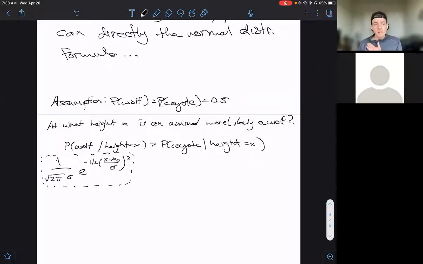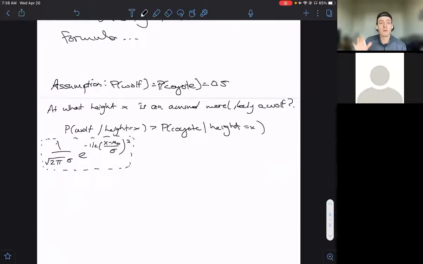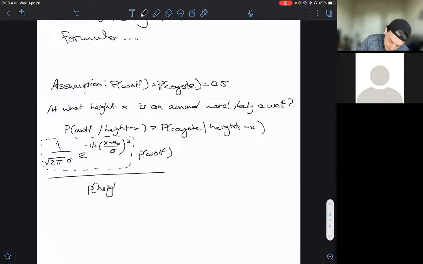What this means is that there is an equal probability of seeing either, but this does not necessarily have to happen. You'll see in the homework problem that I actually changed the probabilities. And so this is just for simplicity, but I'll go ahead and just write it out so that it can fall out. Probability of wolf, and that's over probability of height is equal to 2.